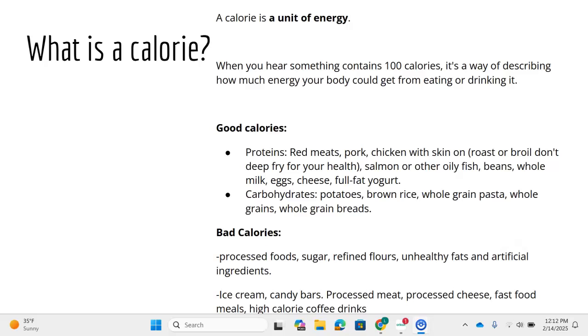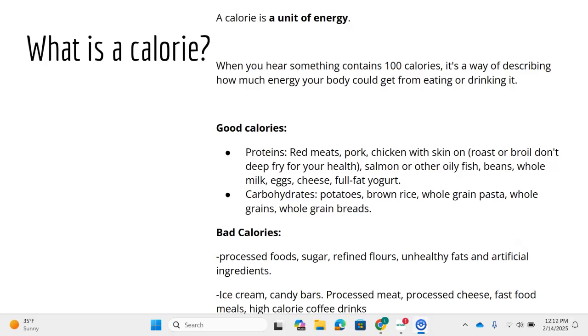This is something that we need to know because we consume calories every day, and understanding what a calorie actually is will help us understand what our bodies can intake versus what it shouldn't. So, good calories come from your proteins, such as red meat, pork, chicken with skin on, roasted or broiled, not deep fried for your health, salmon or other oily fish, beans, whole milk, eggs, cheese, and full fat yogurt.